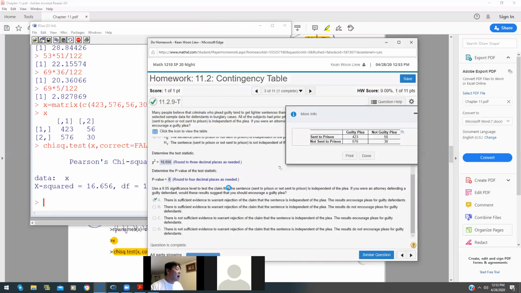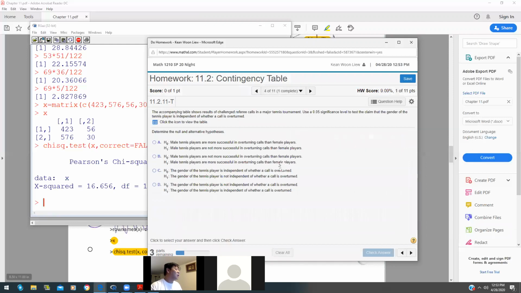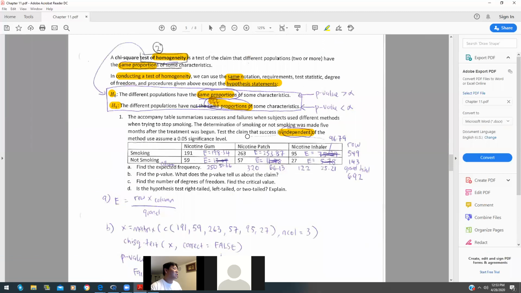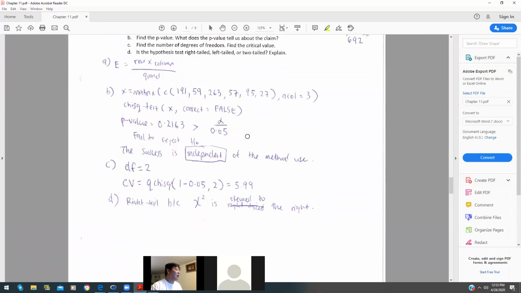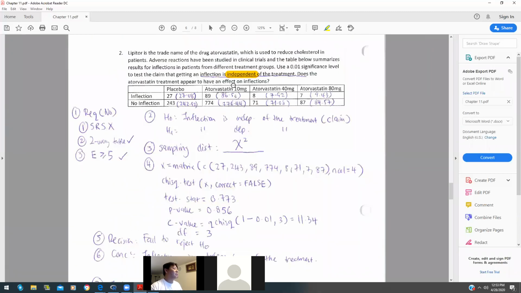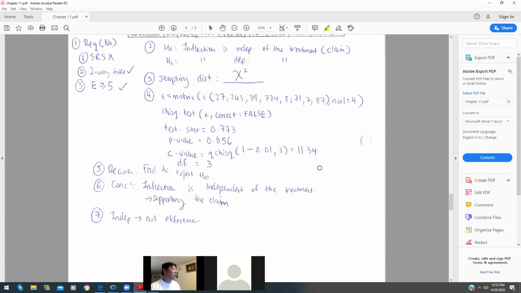Okay, this one. Mostly what I want to tell you is that in your test, we always talk about what we call effects. Usually we'll ask you, does this have an effect on it? If you fail to reject, your answer will be no effect.